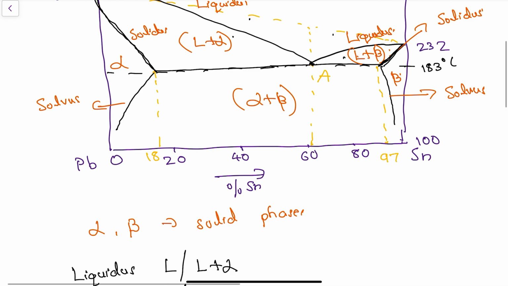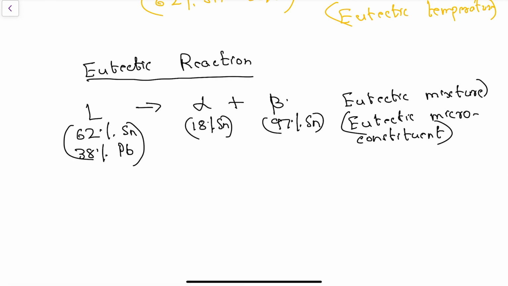I got that because this was discussed in the previous lecture, how to draw the tie line and how to find the composition of the phases. We draw a tie line just below the eutectic reaction, and the composition of alpha corresponds to this point, that is 18 percentage, and the composition of beta corresponds to this point, that is 97 percentage.